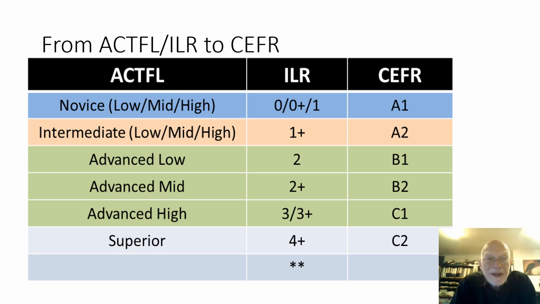Intermediate low, mid, and high, which is 1+ at the ILR scale, is equivalent to A2 on the CEFR. Advanced low, which is a 2 on the ILR scale, is a B1. Advanced mid, 2+, is a B2. Advanced high, 3 to 3+, is a C1. And superior, 4+ on the ILR scale, is a C2.